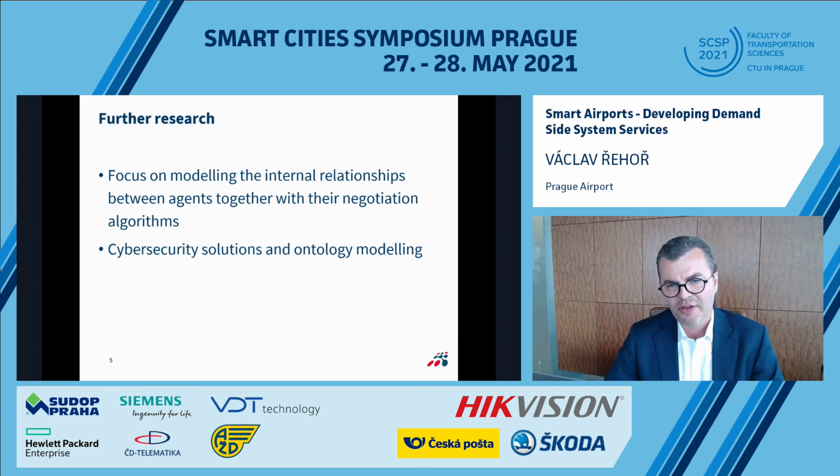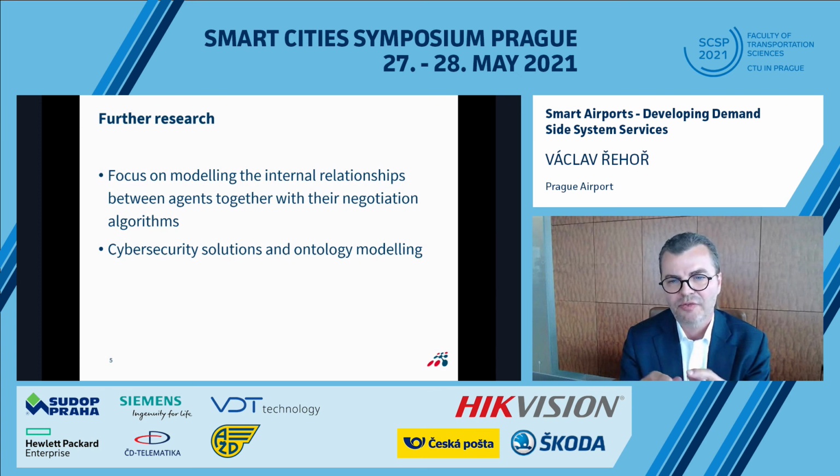The other thing we have to look at is ontology modeling. The main reason is that there is the Prague Airport system, but there are a lot of systems surrounding Prague. If you want to link them together, if you want to use agents to work or negotiate, then there has to be the same terminology.